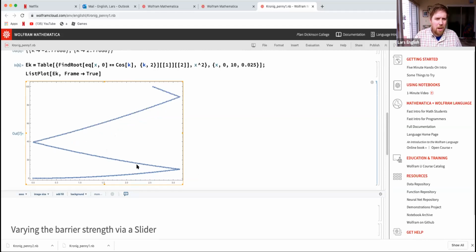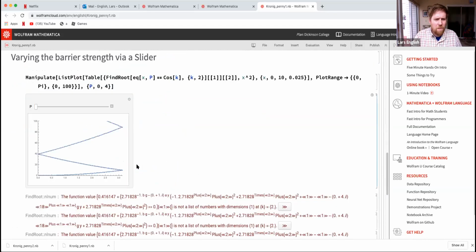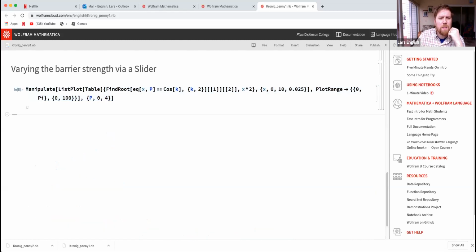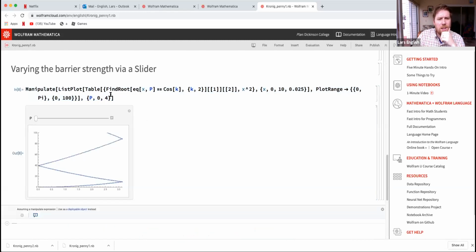Okay. If you want to become even fancier, you can take a look at this command here. It's the manipulate command that's wrapping around everything. Okay, so that's another wrap, and that manipulate command allows you to have a slider where you can adjust P. Okay, so when I execute that, I'm going to get this window.